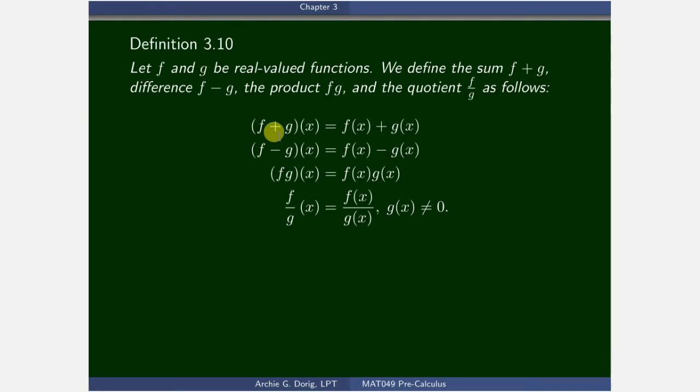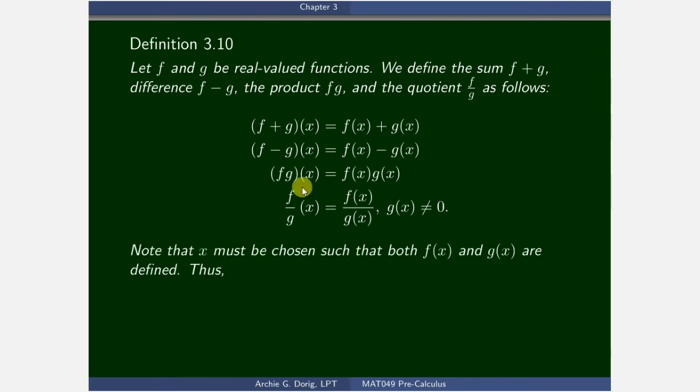We have (f plus g) of x equal to f of x plus g of x, (f minus g) of x is f of x minus g of x, and (f times g) of x is equal to f of x times g of x. And with the quotient, we have f of x over g of x, provided that g of x should not be equal to 0, because when g of x is equal to 0, the quotient is undefined.